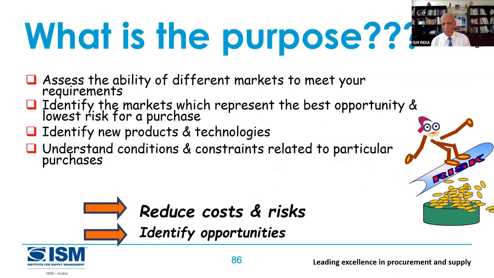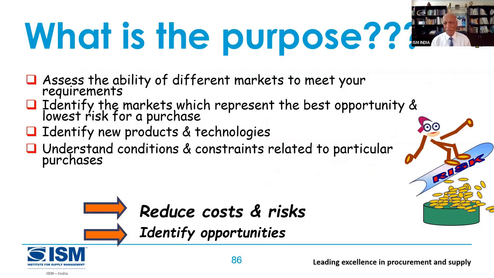Now, assess the different abilities of the market to meet the requirements, and then identify new products and technologies. People must be coming, some or other, with new innovation. If you feel that new innovation is making your product smarter, why not?